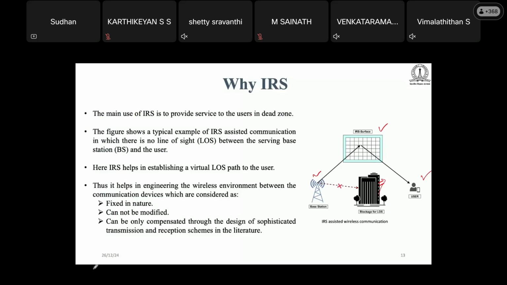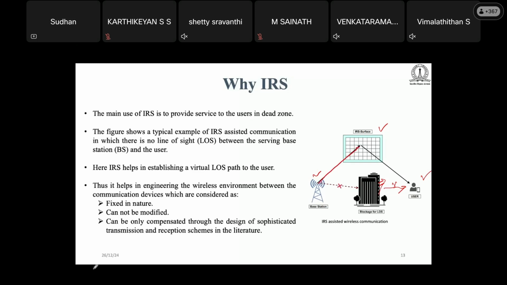So there is no direct path from base station to user equipment. You can see that there is no direct path. But if we place an IRS element and incident the signal on it and then provide the reflection, you can see that still we are getting a virtual path between the base station and user equipment.